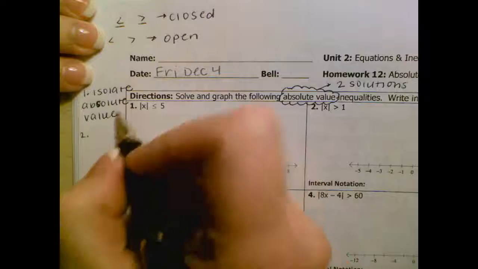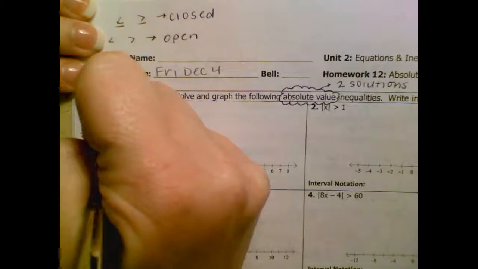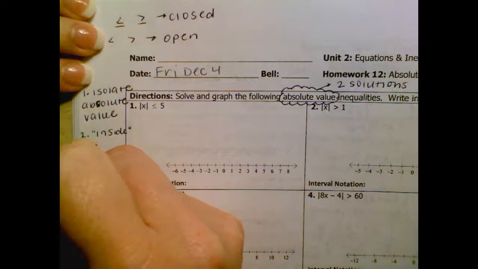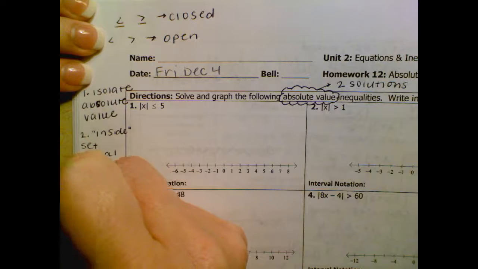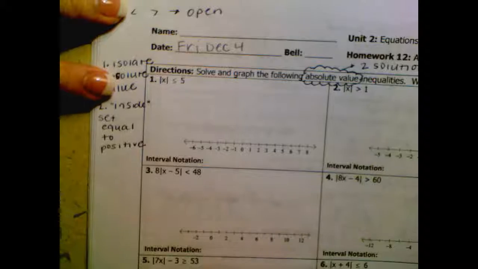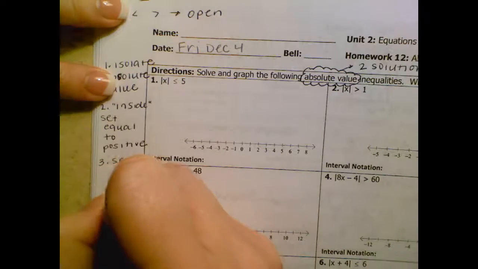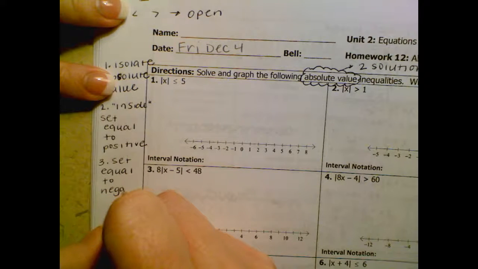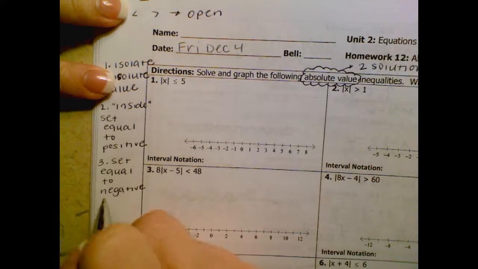We then will take the inside and set it equal to a positive. Then we set it equal to a negative. When we set it equal to a negative, this is where we have to flip our inequality.